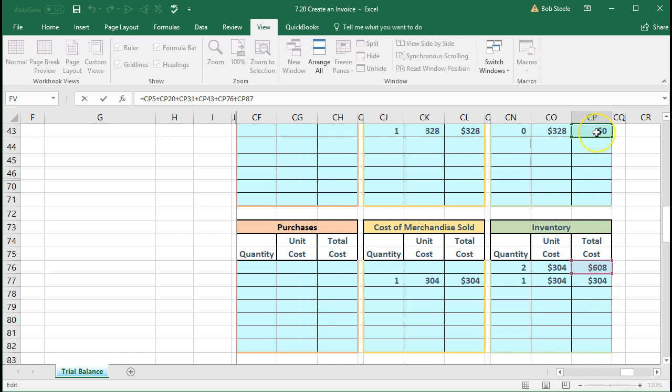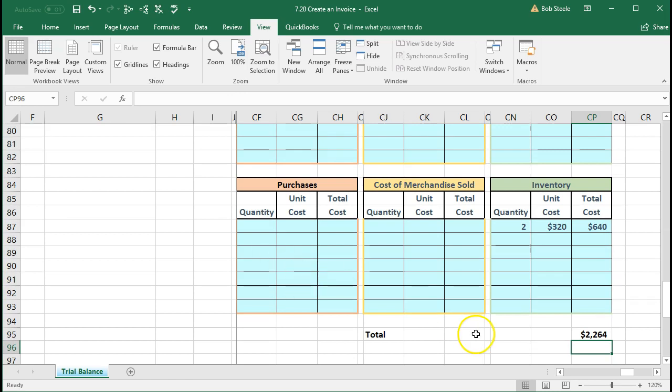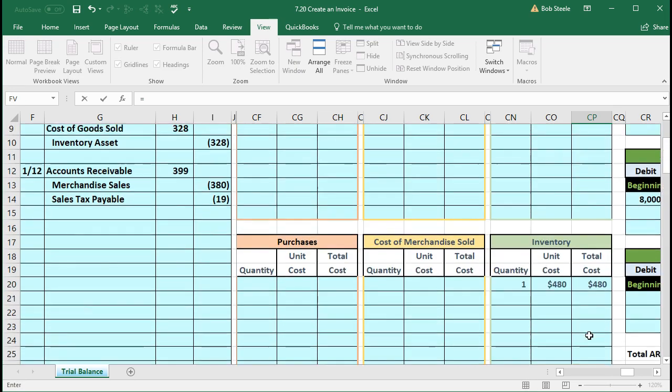I can see that this is in CP 76, and I really want it to be picking up 77. So here is CP 76. So we could just delete that and say pick up 77, please, and then that should be correct. Other way we could do it is just to delete the whole thing and just say equals and pick up the ones we want.